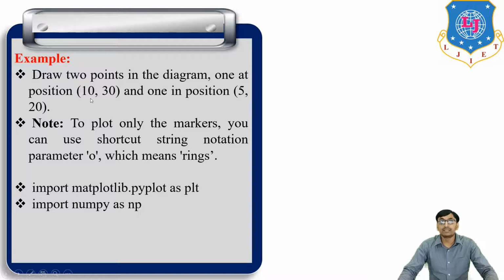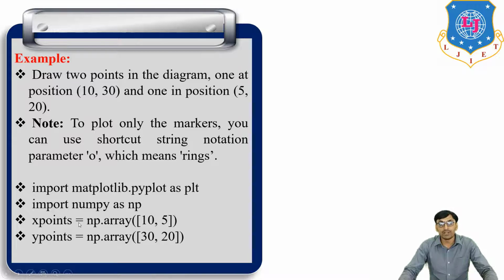Now first, for this example, import matplotlib.pyplot as plt, then import numpy as np, then xpoints is equal to np.array([10, 5]), because this is 10 and this is 5, the x positions, and then ypoints is equal to np.array([30, 20]), 30 and 20, the y points.